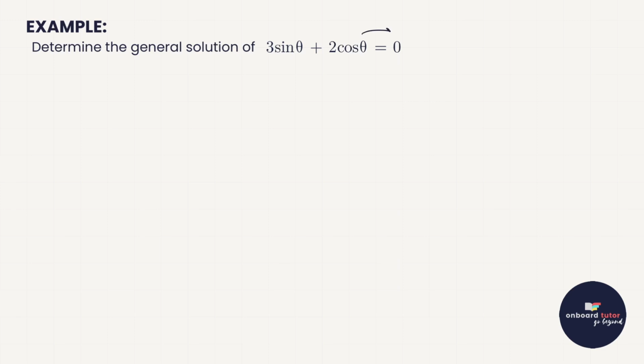If we move this 2 cos across, we'll have 3 sin theta is equal to minus 2 cos theta. And now what happens? This is the only time I'm allowed to just divide by something, and that's if I divide by cos theta, so that I can get rid of a cos and turn a sine over cos into tan.